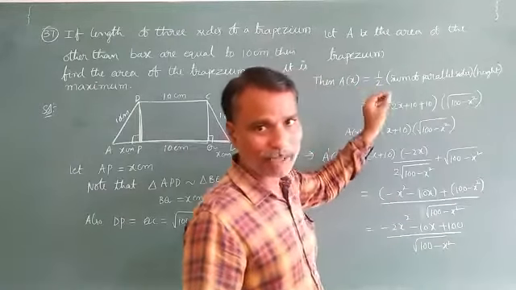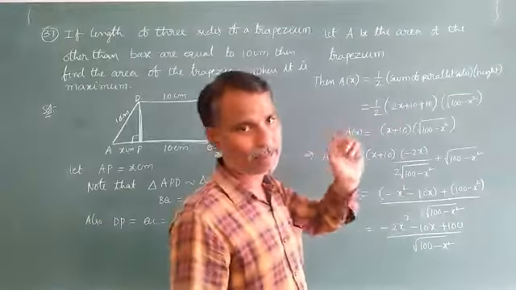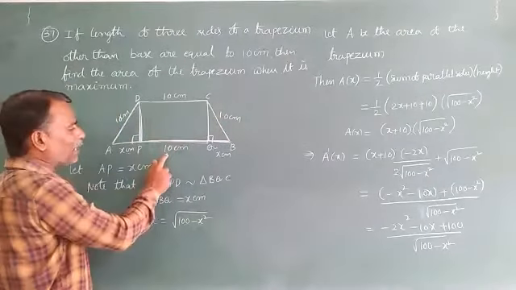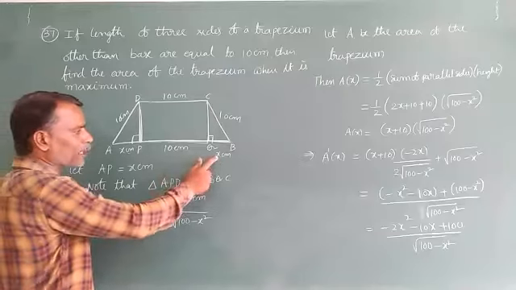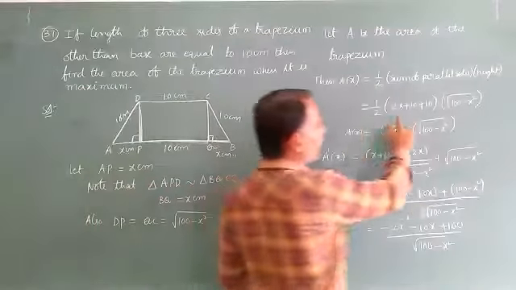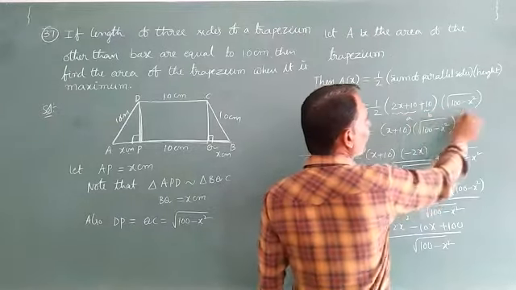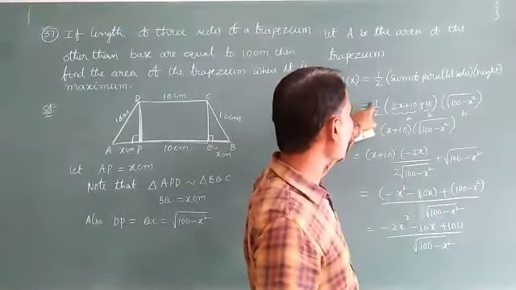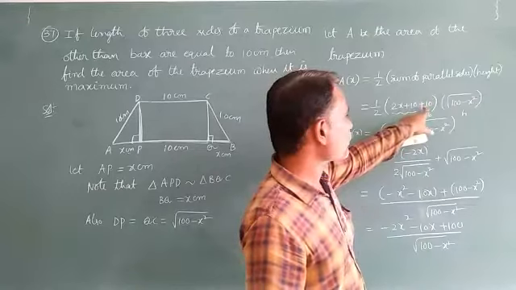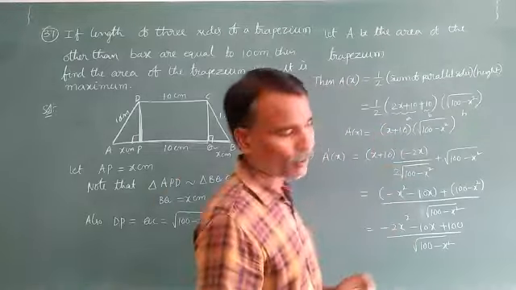Half into h into a plus b, the sum of parallel sides into height. One parallel side is 10 and the other is 2x plus 10. So half into height into 2x plus 20; taking 2 common and cancelling, you get (x plus 10) into root of 100 minus x square.